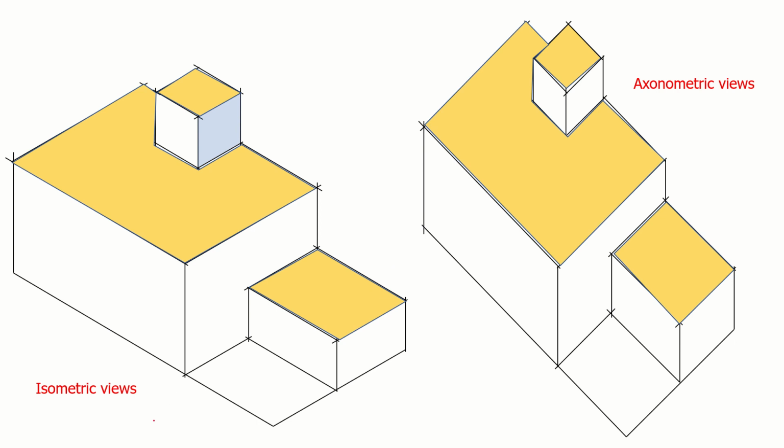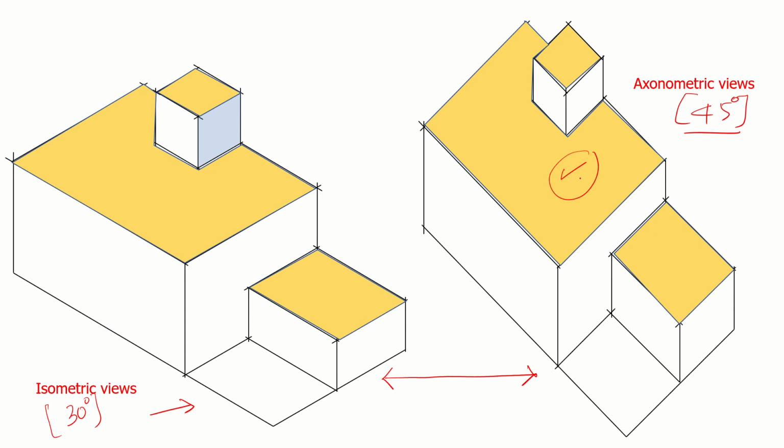Now you can see, if you use an isometric drawing with a 30-degree base, this is the output that you will get. And if you use an axonometric view, which is based on a 45-degree base, this is what you will get. What is the difference between these two views? What is your observation? There is more of the top with the axonometric view. Yes.